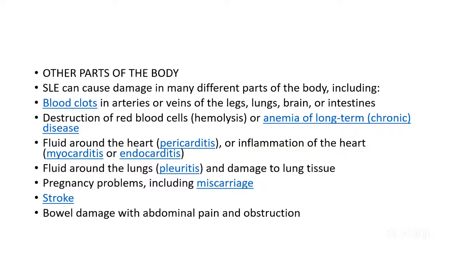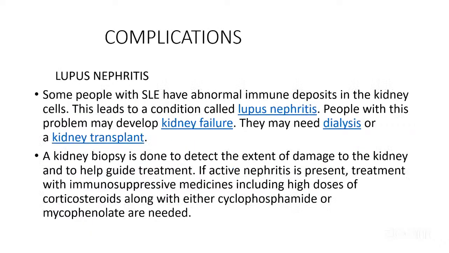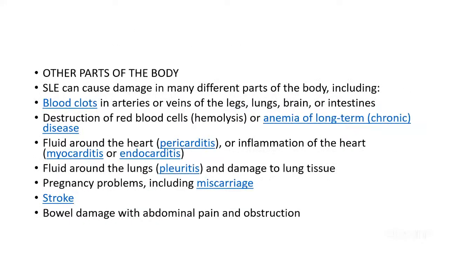Then we have stroke. We have bowel damage with abdominal pain and obstruction. So those are complications that SLE causes in the parts of the body that we have talked about, and it's a whole lot of issues for SLE.